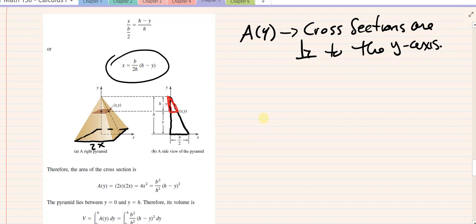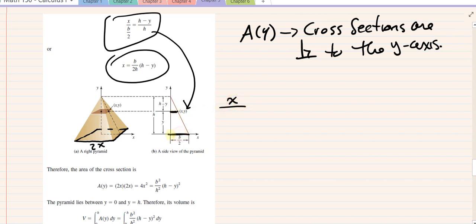So this is the ratio we get: the ratio of this side in the small triangle, which is x, to this side in the larger triangle, which is b over 2, should equal the ratio of this side, which is h minus y, to the entire side of the bigger triangle, which is h.